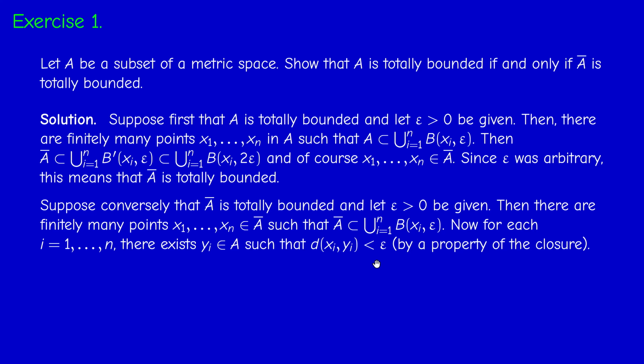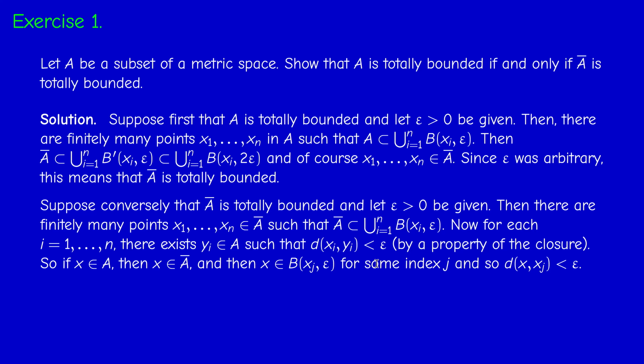So if you like, A bar is really glued to A in some sense, you cannot separate them. So therefore, if x is in A, then x is in A bar, and therefore it's in one of these balls. So it's in some ball of center xj and radius epsilon.